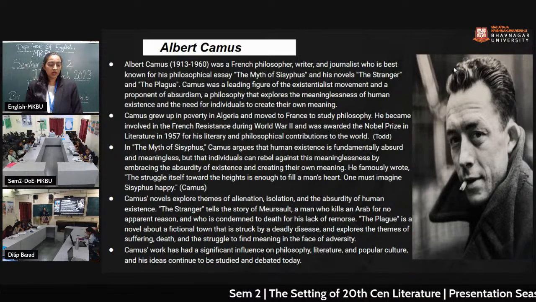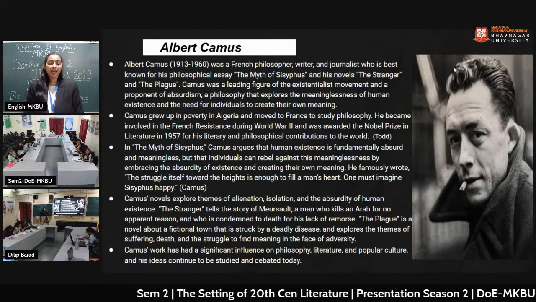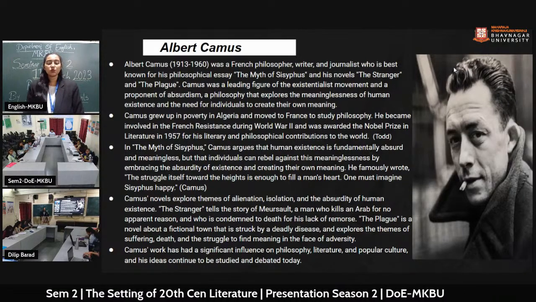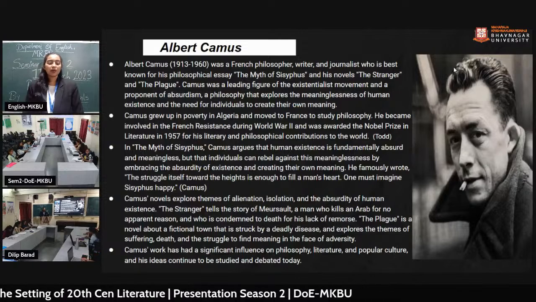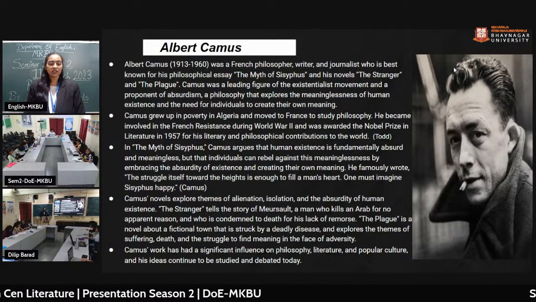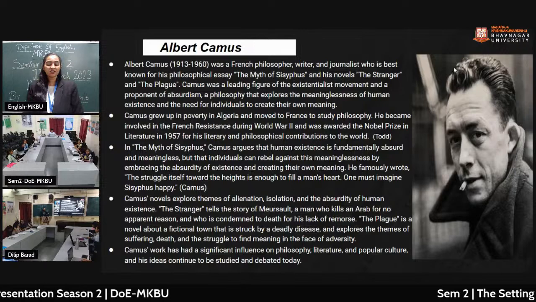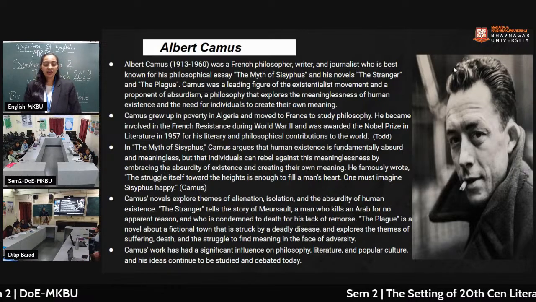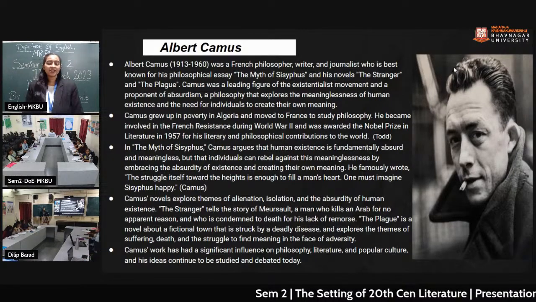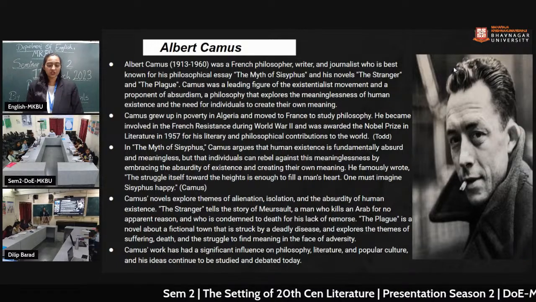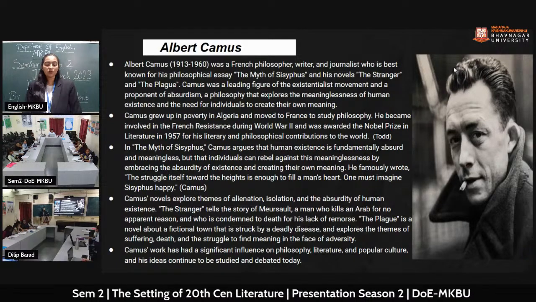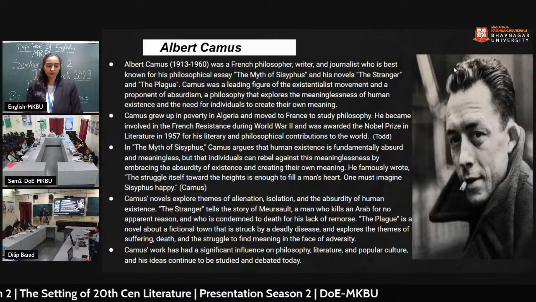Camus grew up in poverty in Algeria and moved to France to study philosophy. He became involved in the French resistance during World War II and was awarded the Nobel Prize in Literature in 1957 for his literary and philosophical contribution to the world.